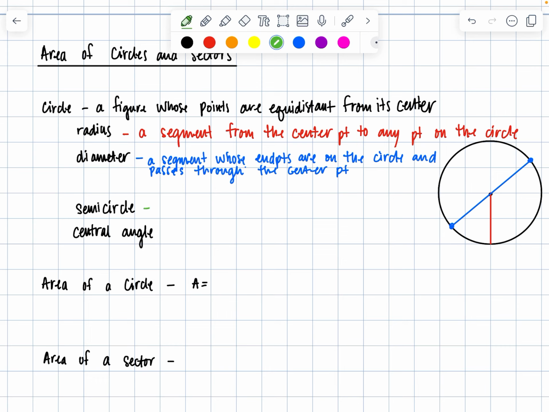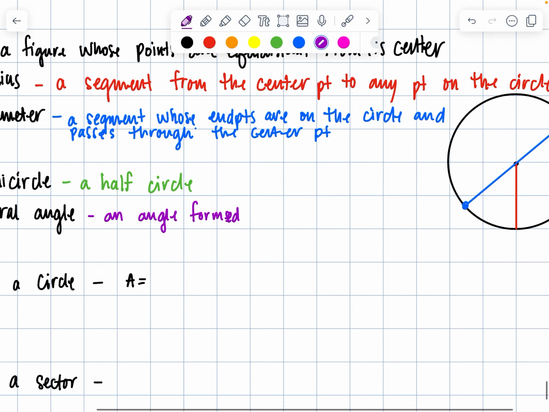So let's do this in green. This is a half circle. And then the central angle, let's do this in purple, is an angle formed with two radii and the center point.